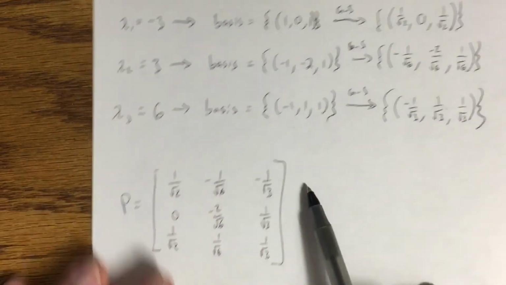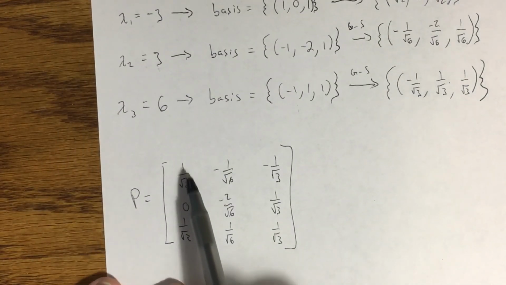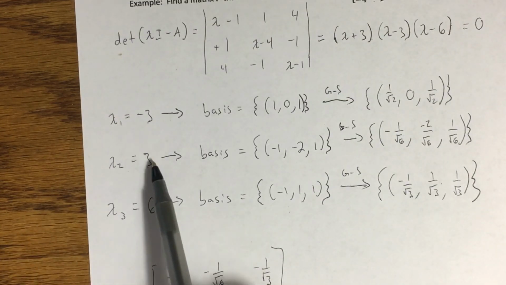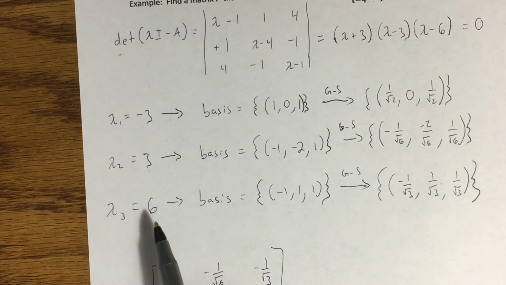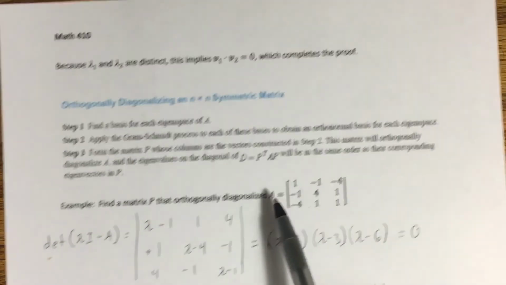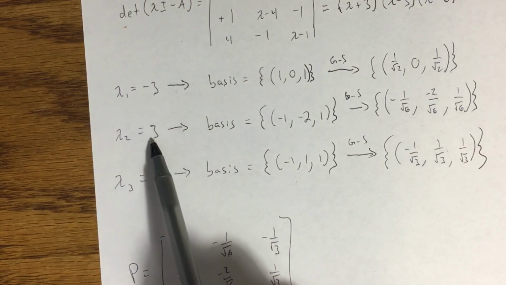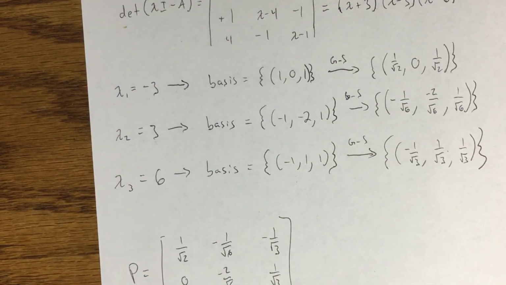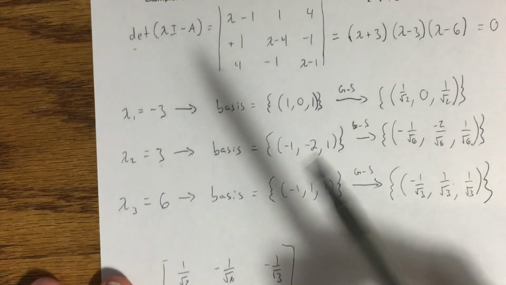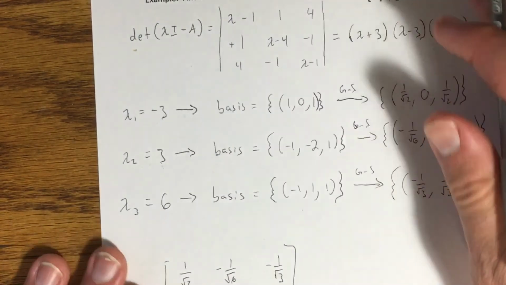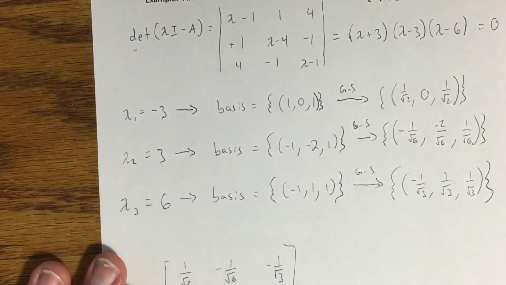Remember, if these are the columns that I use and they correspond to the eigenvalues negative 3, 3, and 6, then in my diagonal matrix, going from the top left to the bottom right, my diagonal entries would be negative 3, 3, and 6. But if I swapped maybe these two columns, all that's going to do to my diagonal matrix is swap the positions of these two diagonal entries.